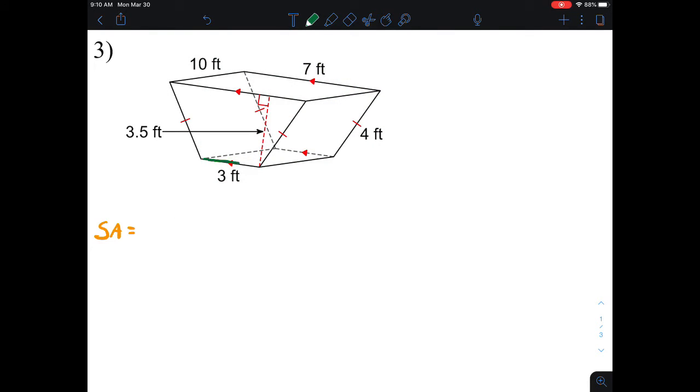I have one side where one side is 10 and one side is 3. So that's a rectangle, and one area is going to be 10 times 3.